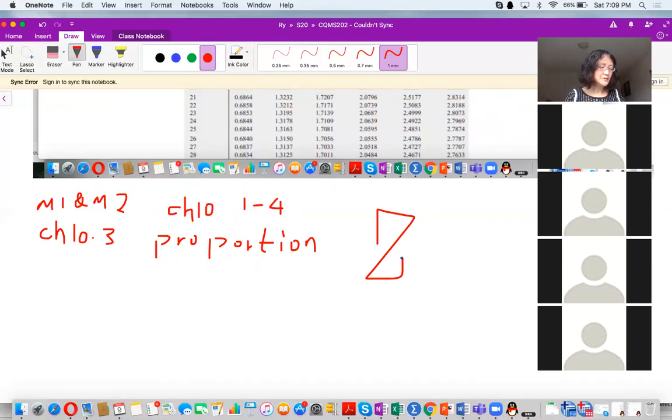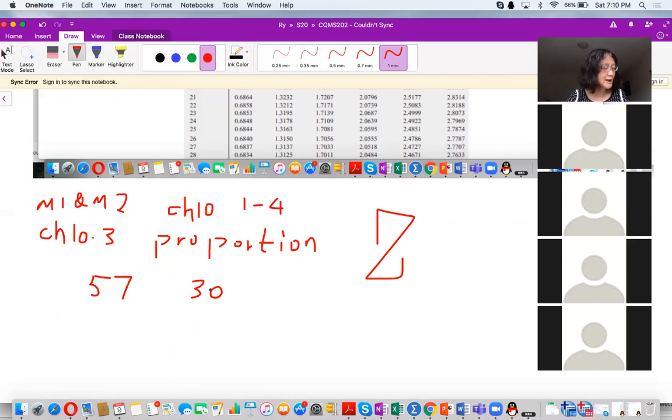So I will give you an example. Suppose in this class, I have 57 students. Out of 57 students, 30 students have part-time jobs.